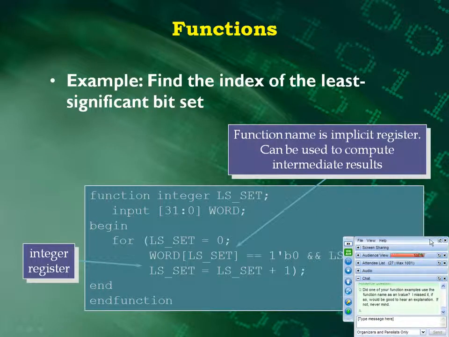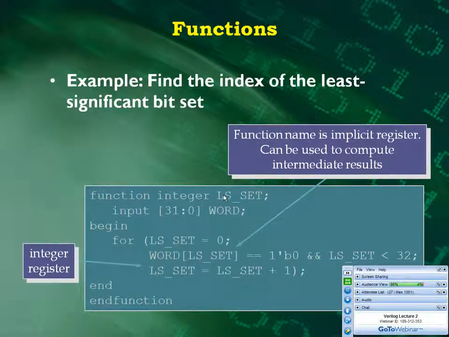Just remember the function name's an implicit register itself. So in this case, it's an integer register. So in my calculations down here, I can use lsset, the name, as an integer. So I can do my calculations or comparisons or whatever I need to do down here in the body of the function.